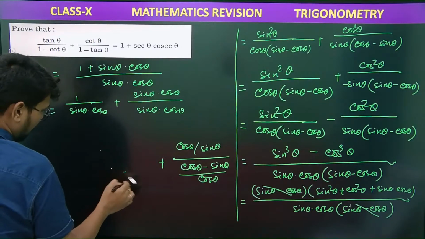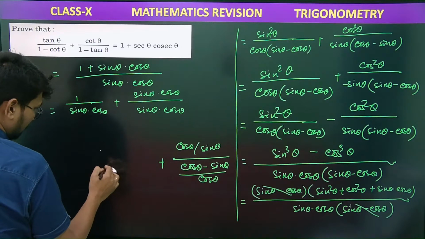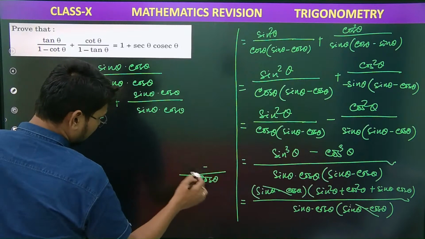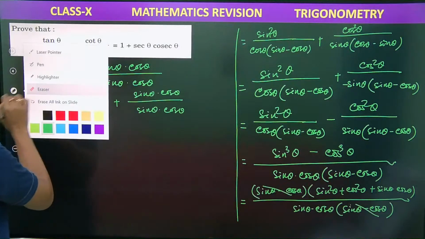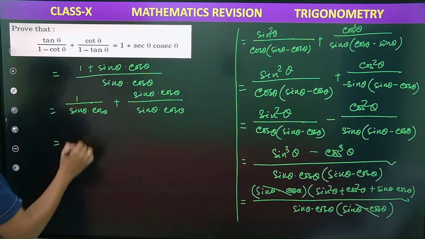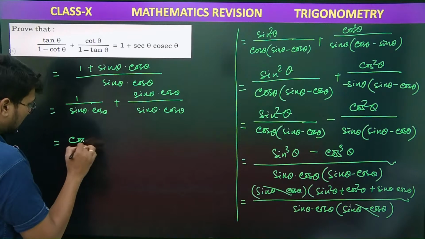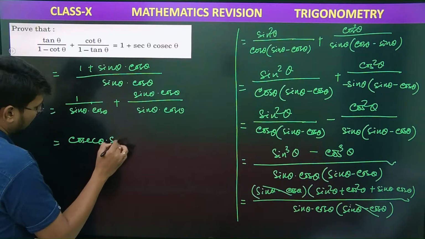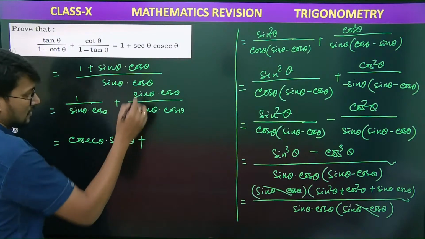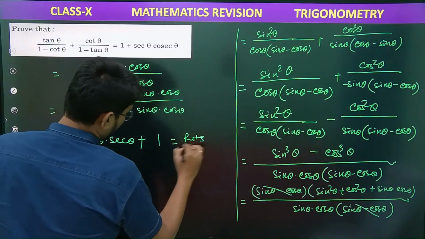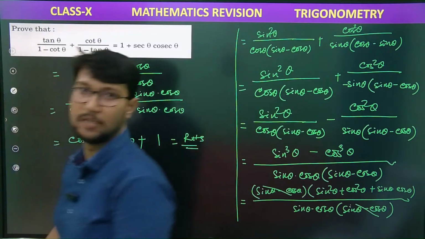Therefore what happened? One by sine cos is cosec theta into sec theta, plus sine cos cancelled, left one. These are RHS. Over. Tell me.